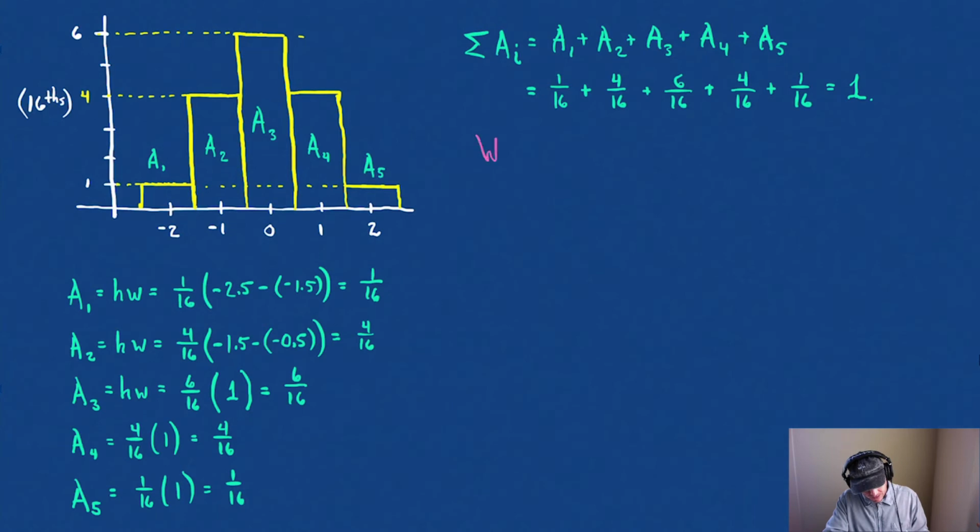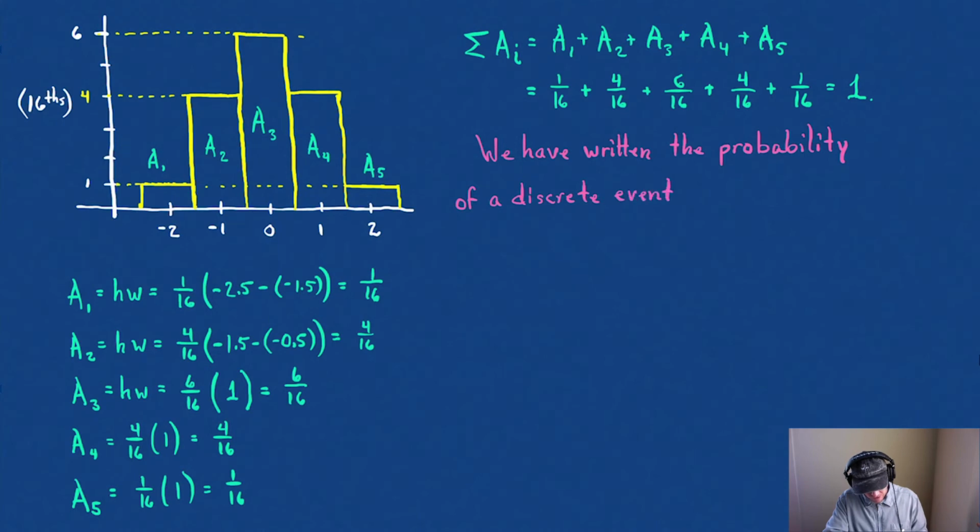We have written the probability of a discrete event as the area of a rectangle over some interval.